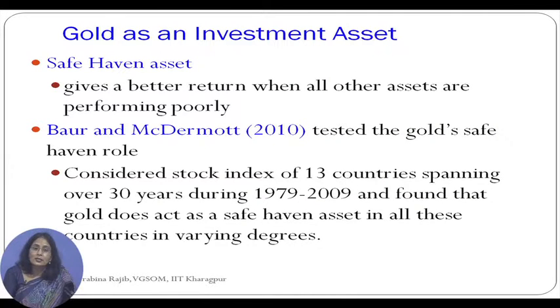They considered the stock indices of 13 countries spanning over 30 years, from 1979 to 2009, and found that gold acts as a safe haven asset in all these countries in all these years in varying degrees.